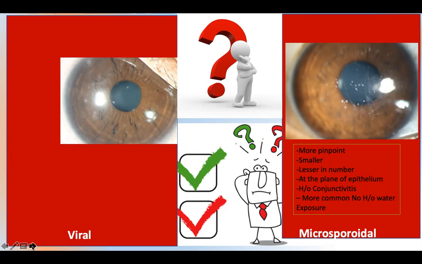When it affects the cornea, the conjunctiva is already completely injected, with watery eye and photophobia. But Thygeson superficial punctate keratitis could be one differential diagnosis.